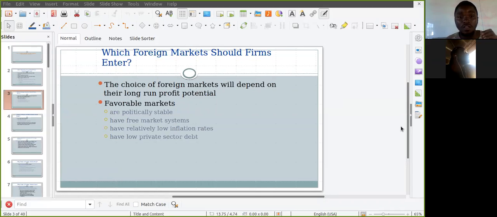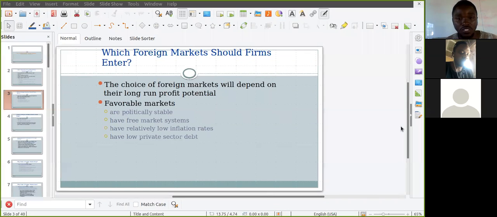This is because the policies that a given government might establish might cause a firm to stay or exit a given market. For example, like we looked at yesterday, the policies that led Coca-Cola to exit the Indian market were because of the policies being implemented by the government of that period.